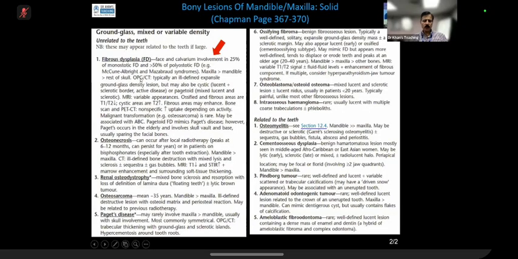But let me tell you that people think that fibrous dysplasia is only ground glass. Do not think like that. Fibrous dysplasia can be ground glass, but it can also be lytic, and it can be mixed, what we call Pagetoid. When it is lytic, it is more active, and it will show uptake on bone scan and PET scan.